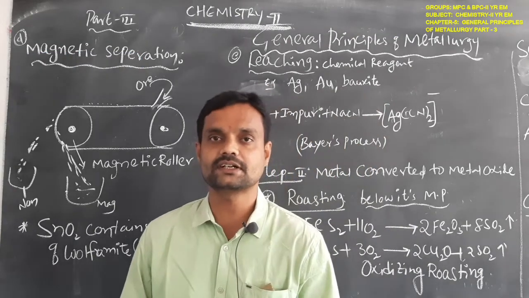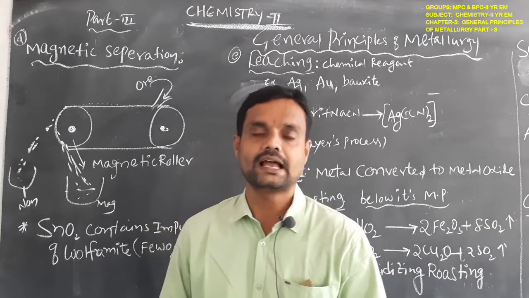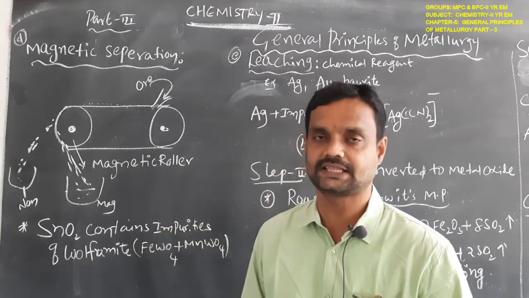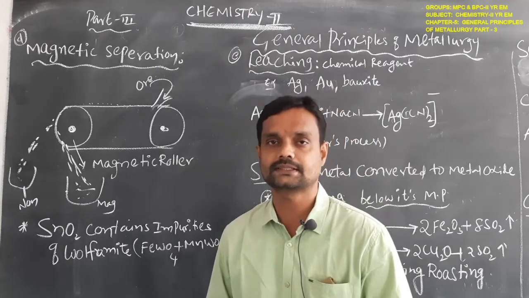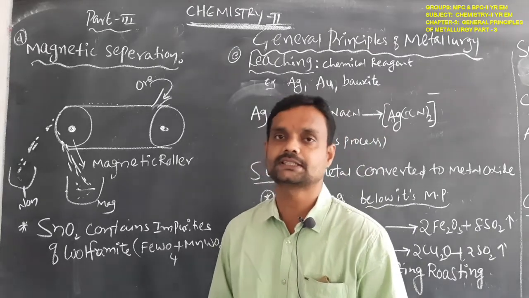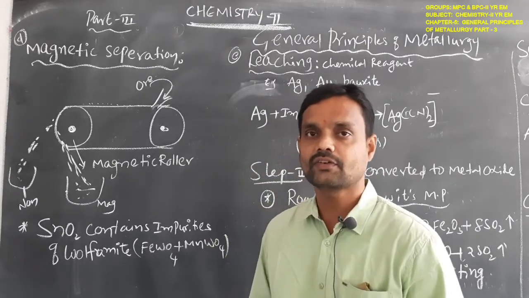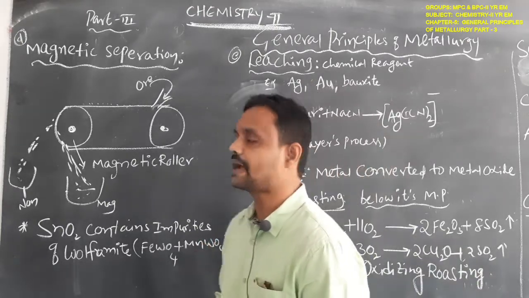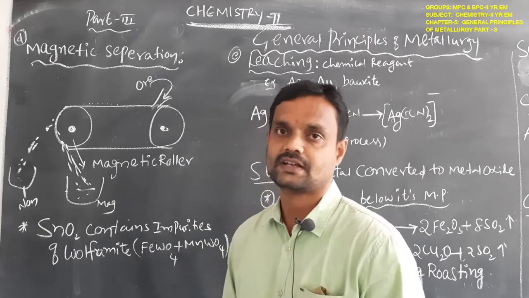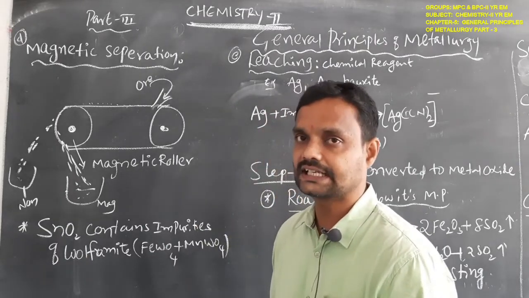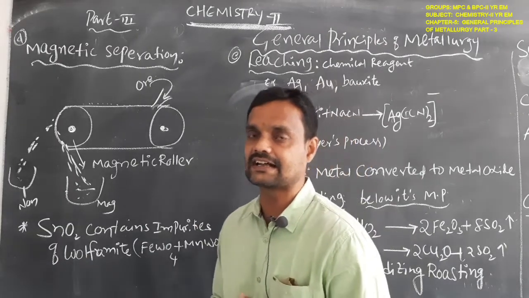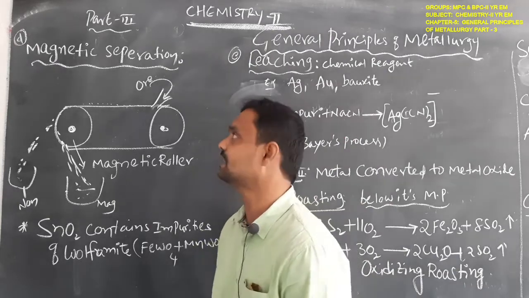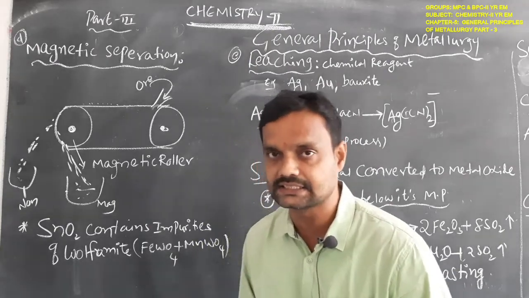Previously we studied the hand picking method, hydraulic washing method, as well as the froth flotation process. Now here we discuss the magnetic separation method, another method to increase the concentration of ore.